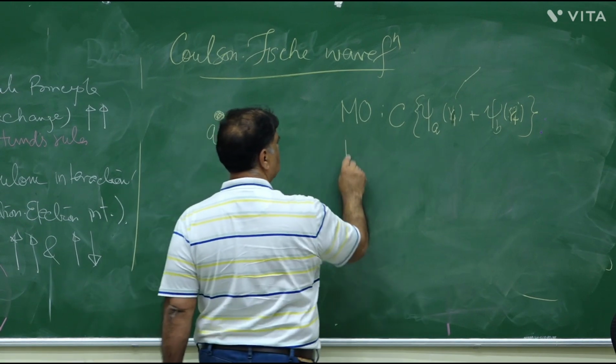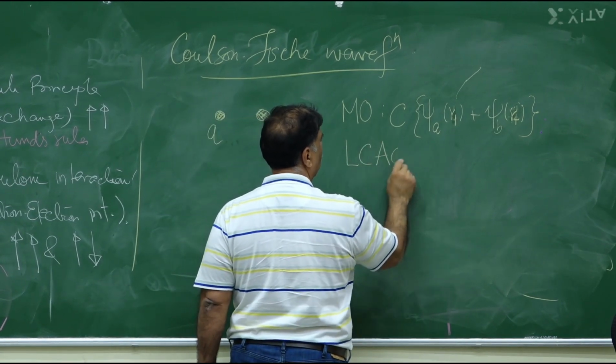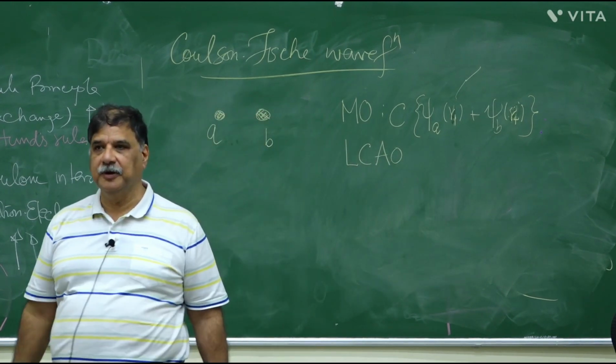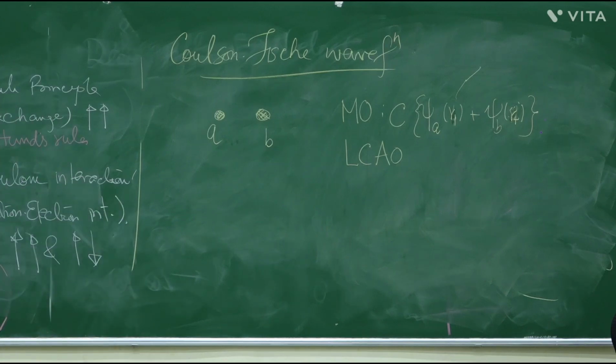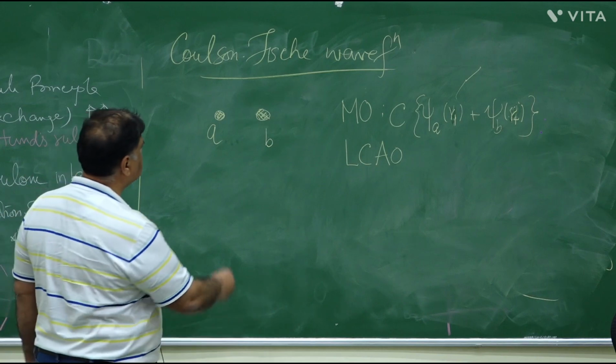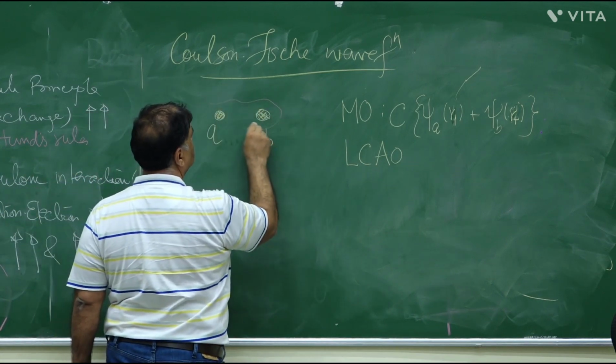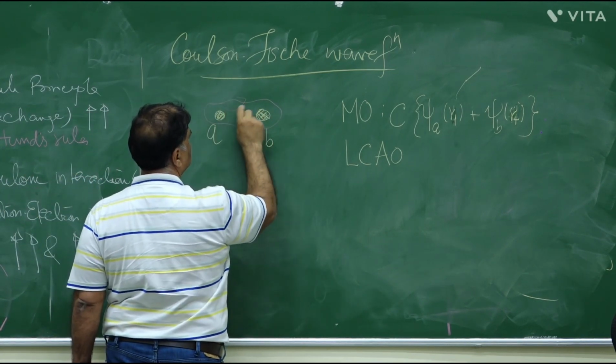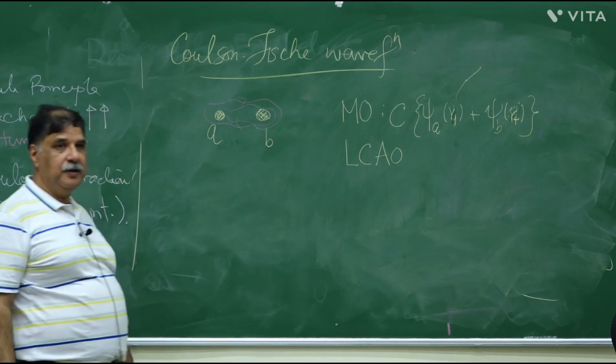Okay? This is what is known as LCAO, linear combination of atomic orbitals. I'm sure you know this, right? So you do a calculation with this, where each electron is kind of in one orbital floating around, and the other one is going around, okay?